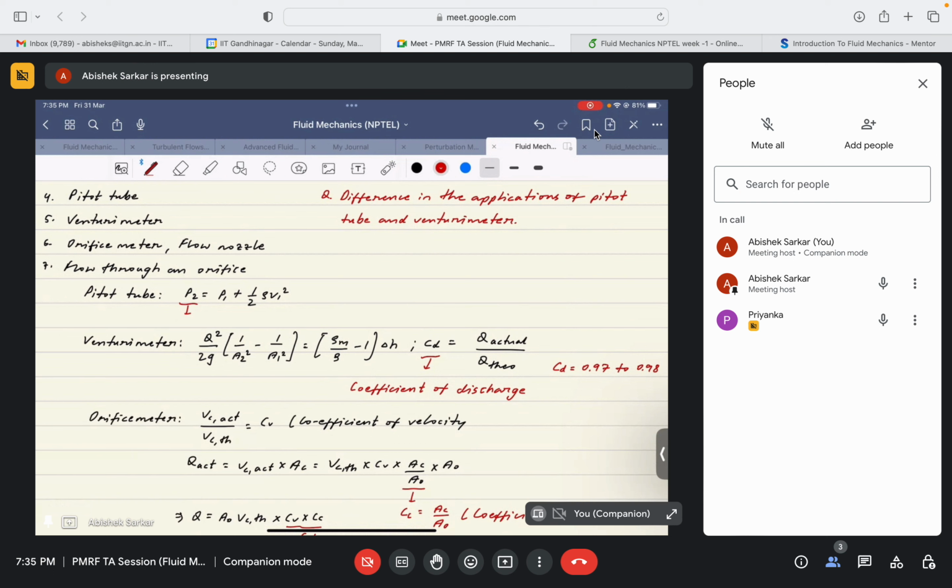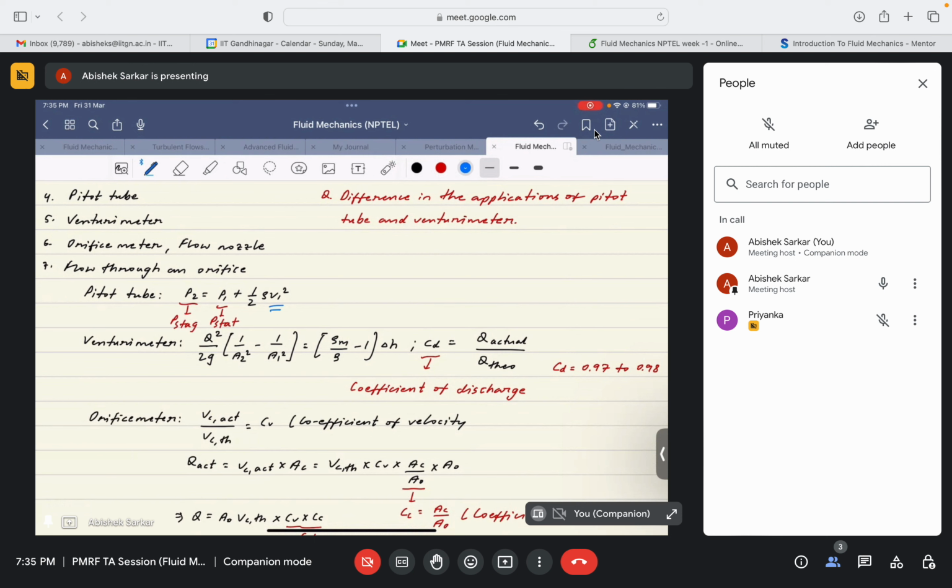Okay, I'm not drawing the diagram, since you have extensively discussed it in the video lecture, so I'm just writing equations. Yes, you are right, it is the stagnation pressure, and this is the static pressure. Once we know the values of these two, we can get the value of V, and that's why we use the pitot tube.